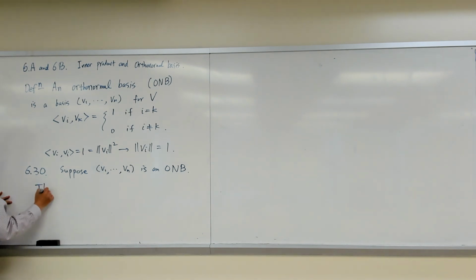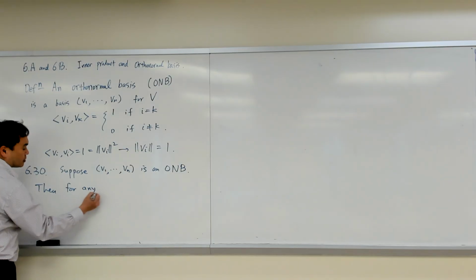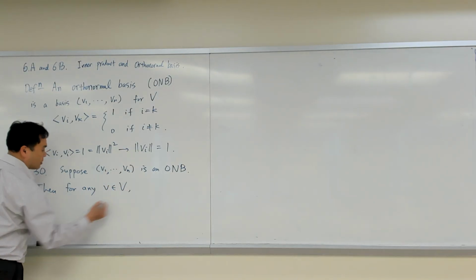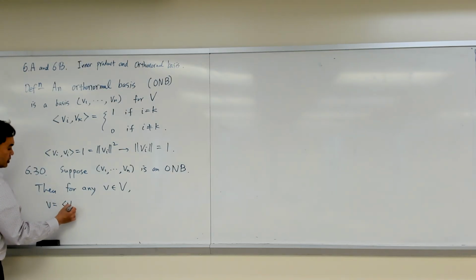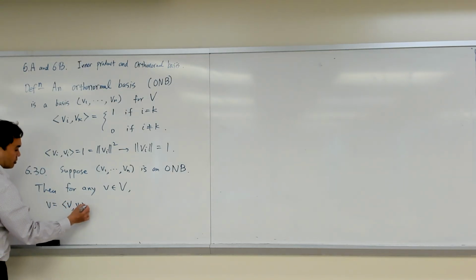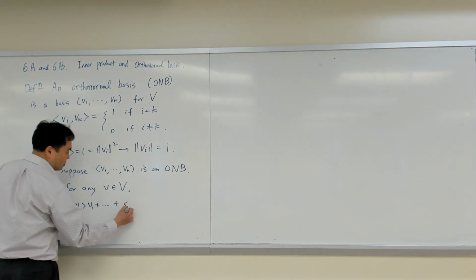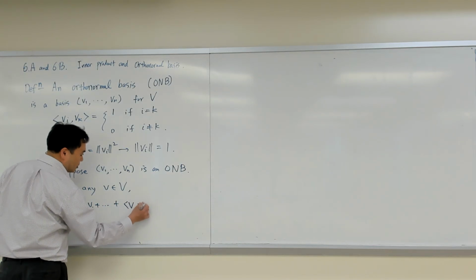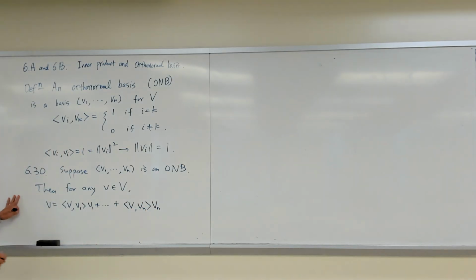Then, for any V in V, we have V equals the inner product of V with V1 times V1, plus and so on, plus the inner product of V with Vn times Vn. Okay.